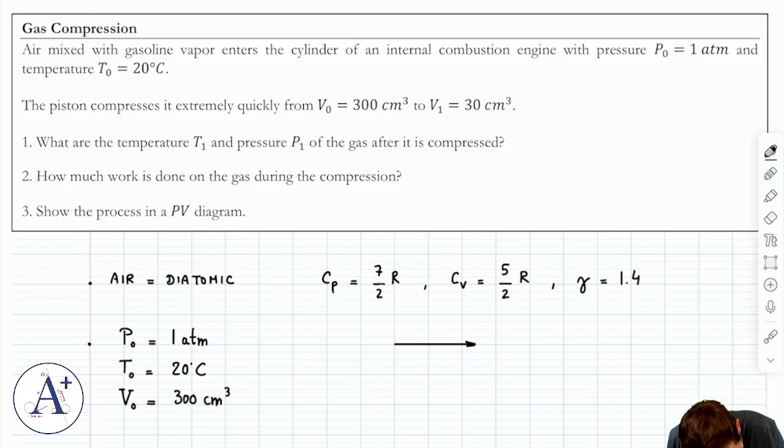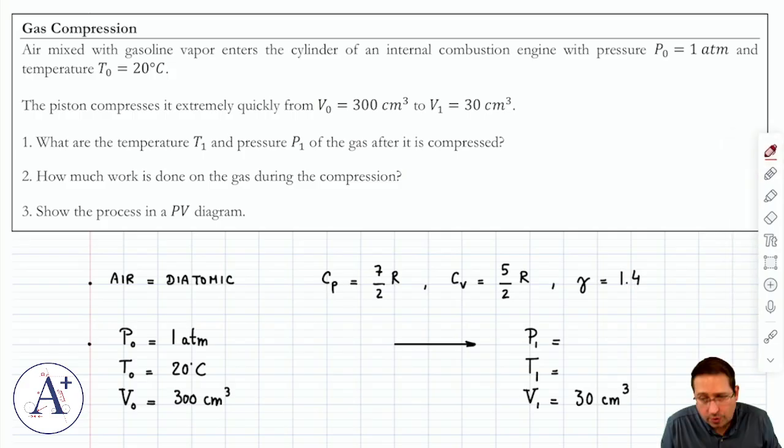So I get P1 to be determined, T1 to be determined, and I know V1 is 30 cubic centimeters. Okay, first let's back up a bit. I can only find P1, T1, and V1 if you tell me what kind of transformation I'm looking at. Is it constant pressure? Probably not. Is it constant volume?